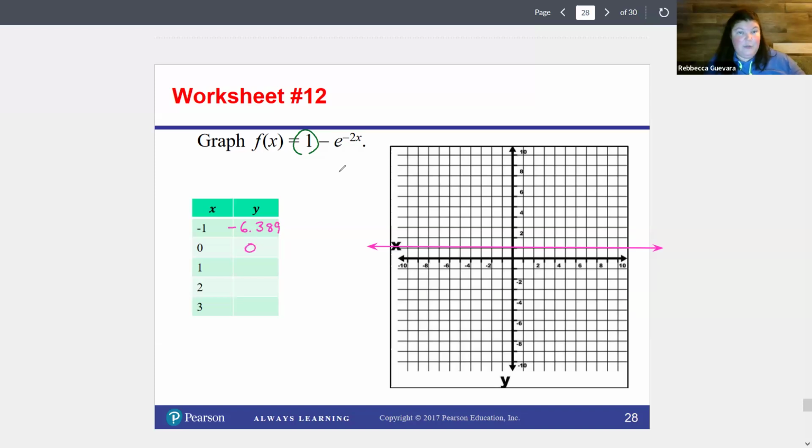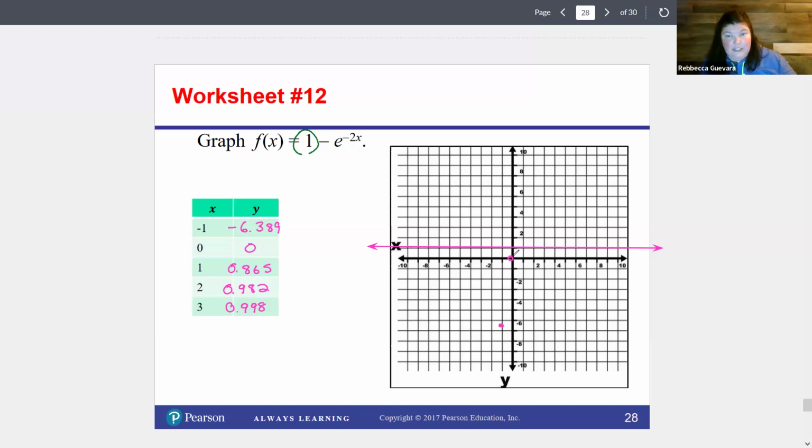At 0, we end up with 0 because this is 1 minus 1. If we have 1, then we're getting roughly 0.865. We have 2, we're getting roughly 0.982. And if I have 3, then I'm getting roughly 0.998. So as you see, we're getting closer and closer to that 1 from underneath. -1 is about negative 6 1/3.